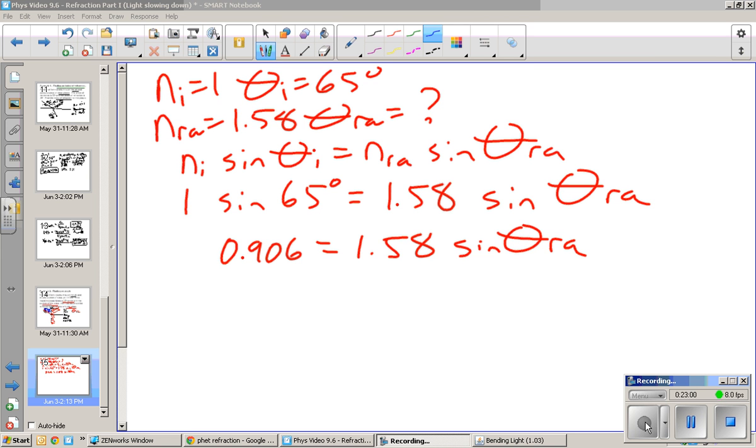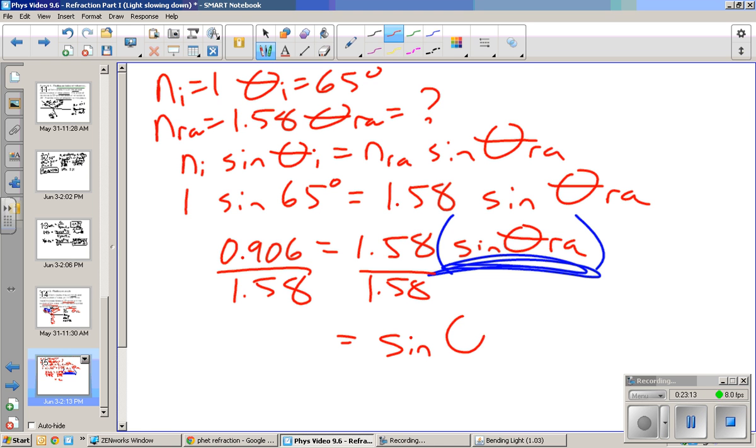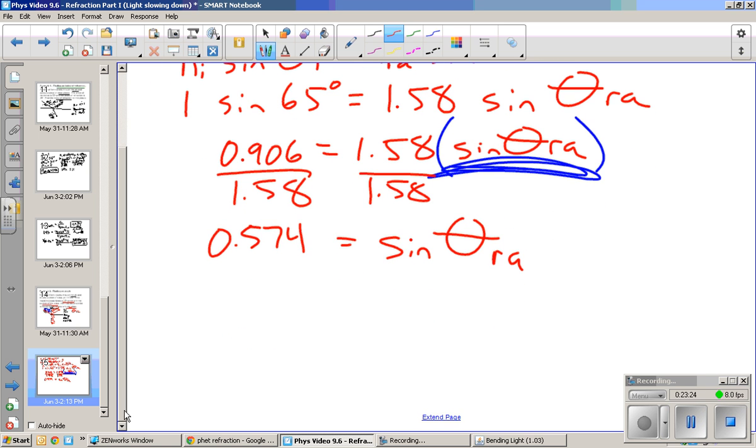When you're doing a problem like this, get this mess by itself, okay? So we're now going to divide both sides by 1.58, so that you get the sine of theta RA is 0.574. And then to solve that, hopefully you know by now, you can take the inverse sine of that same number.